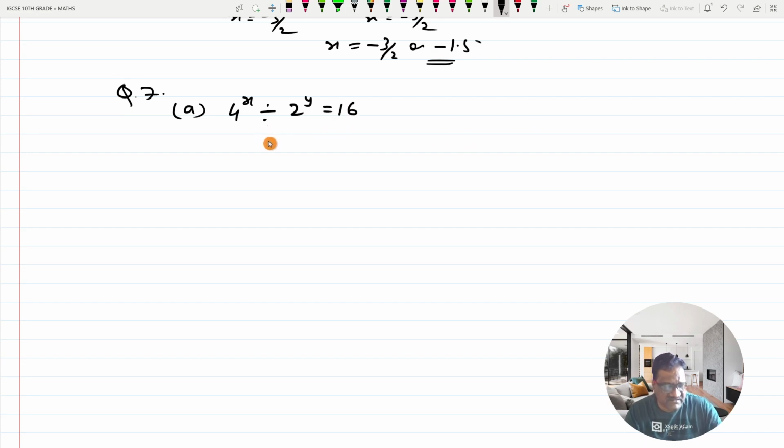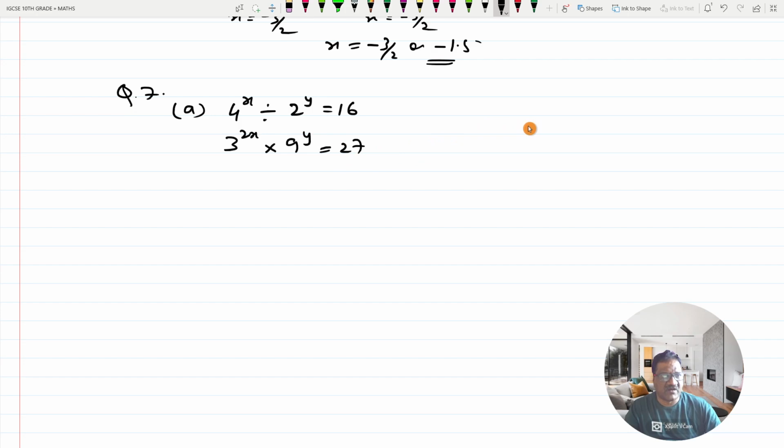The second equation is 3 raised to 2x times 9 raised to y equals 27. These are two simultaneous equations, but they are exponential equations because the terms are in exponential form. You have to solve them and get the answer for x and y.